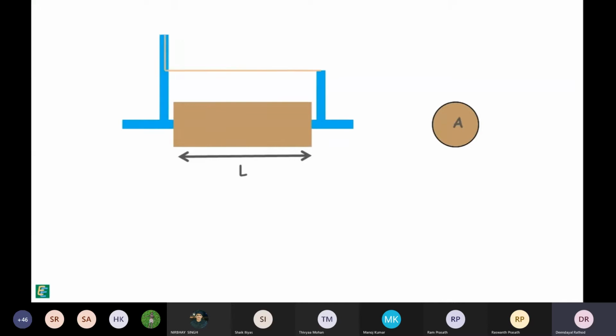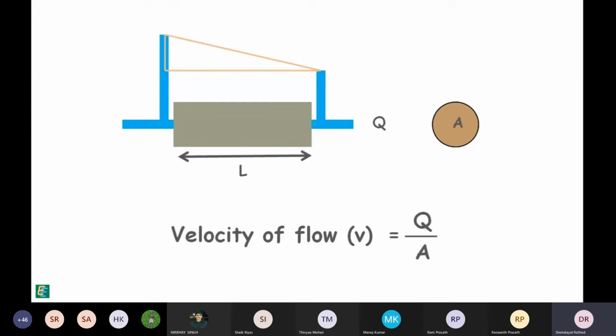We take a soil sample of length L and having a cross-sectional area of A. We subject it to some hydraulic gradient. We also measure the output discharge of the water through the soil. We can get the velocity of flow through the soil by the continuity equation as velocity equal to the discharge divided by cross-sectional area of the soil.